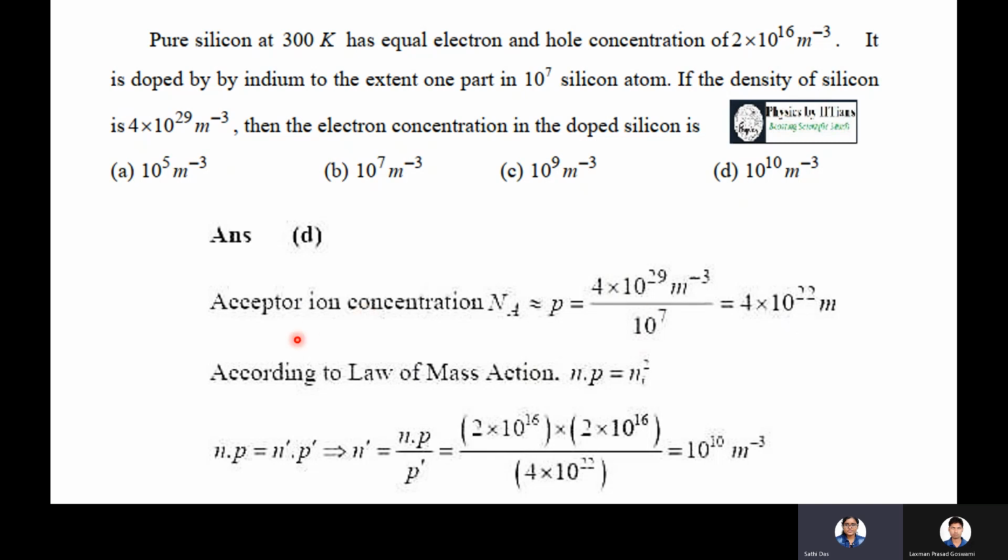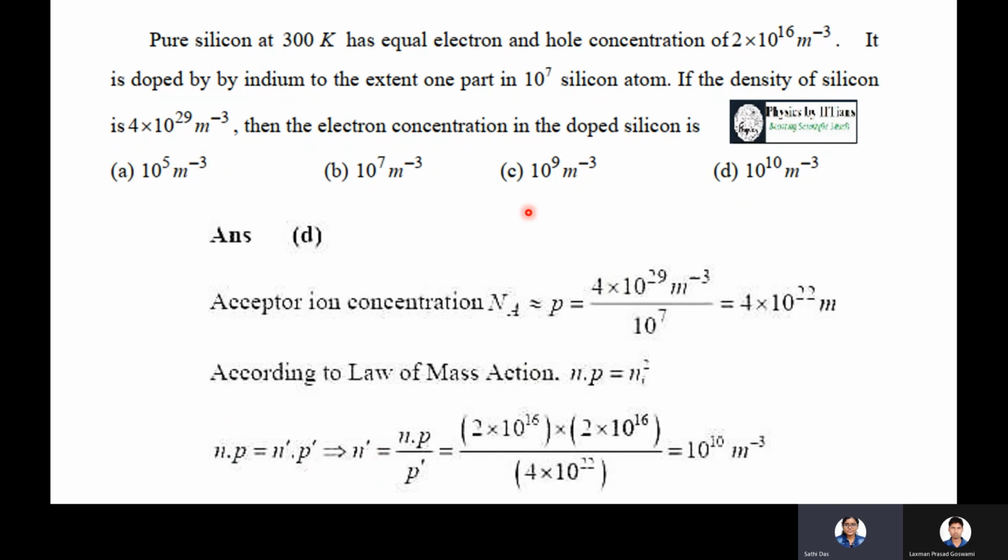Now the mass action law tells us N into P equals n_i squared, or you can write it as N into P equals N prime into P prime. So N into P is the initial product of the concentrations of electrons and holes, and N prime into P prime is the product after adding some impurity to an intrinsic semiconductor.